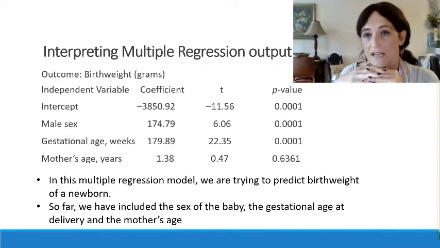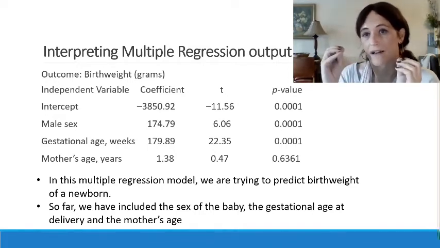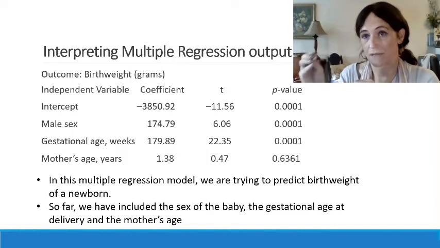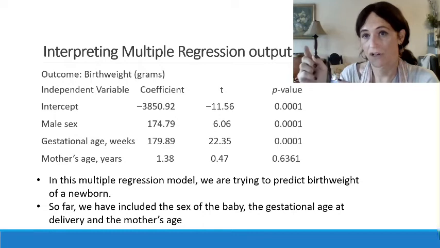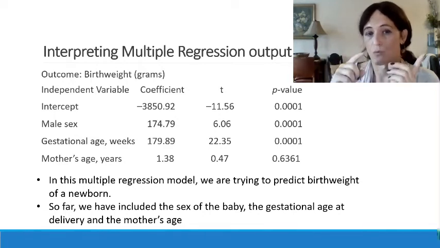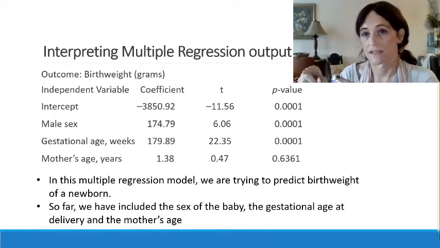And then the sex of the baby would be 174 grams higher if it was a male versus a female. In terms of gestational weeks, it would be 179 grams heavier for each 1 week increase in gestational age.